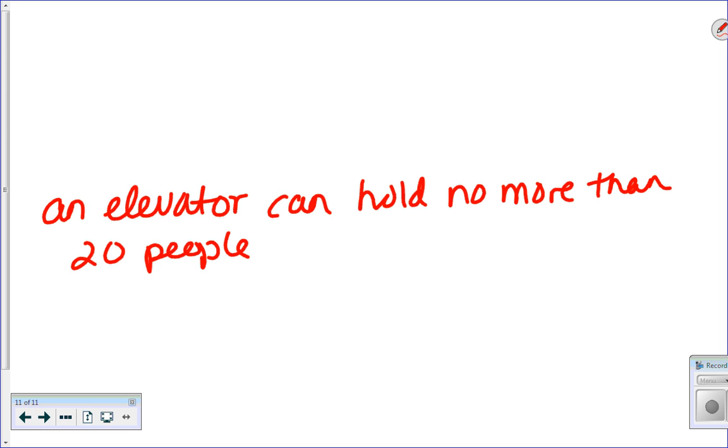So first of all, x, because we need to know how many people, we aren't sure. And then I would put 20 on the other side. Then your job is to figure out what sign is in there. It can hold no more than 20 people. Can it hold 20 people? So it's got to be equal to, but what sign then, Jacob? Less than. x can be less than or equal to 20.